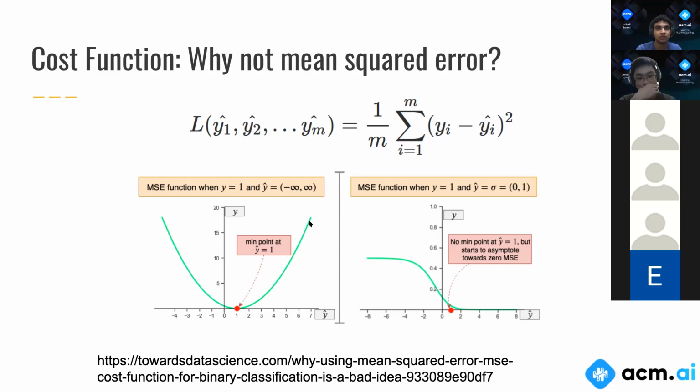For example, if we start around here, we're going to have a gradient, or a slope in this case because it's two dimensional, in this direction. And so we're going to go down the hill towards the minimum point of our cost function, which is where we want to go. But our MSE looks a lot different when our outputs are constrained between 0 and 1.